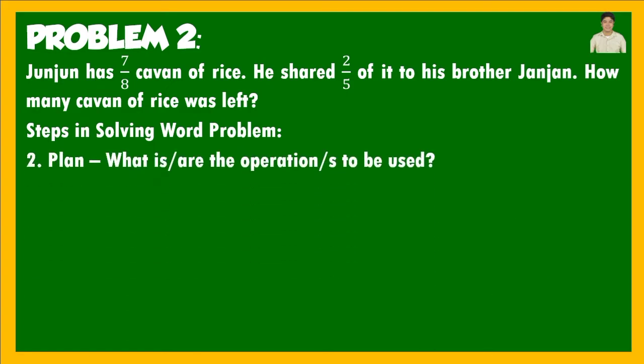Next step, what is or are the operations to be used? So, under plan, operation na ang ating pinag-uusapan. So, yung operation po natin dito is multiplication pa rin, because of the word of. And then we also have subtraction.